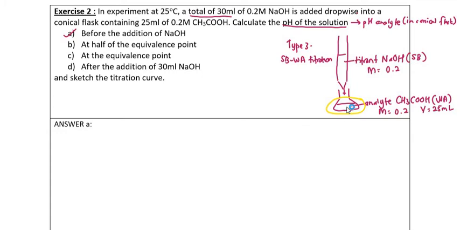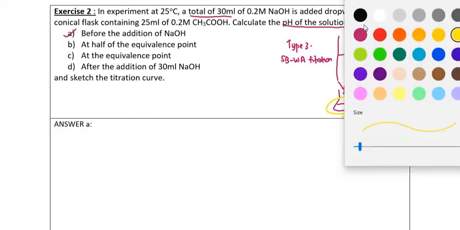You analyze the conical flask, you only have weak acid. So how do you find the pH of a weak acid? Yes, you have to use an ICE table because this is a weak acid. Based on the ICE table, you can find the pH of the weak acid.